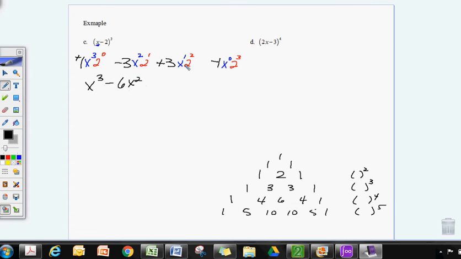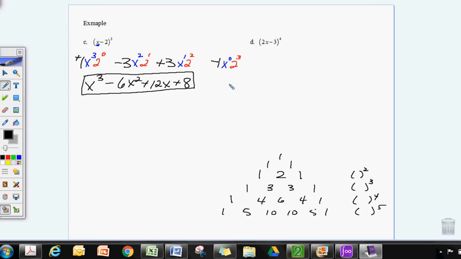2 to the fourth is 16x to the fourth. Subtract. Okay, I'm grabbing my calculator again because I don't want to goof it up. So I have a 4 times 2 to the third is 8 times 3 is going to be 96x to the third.